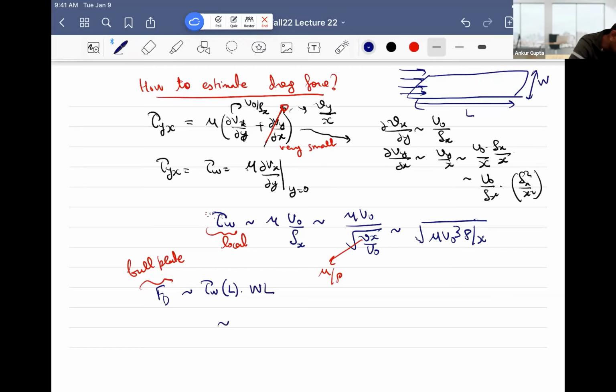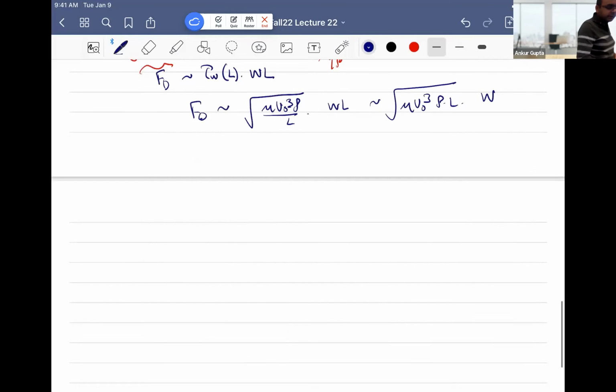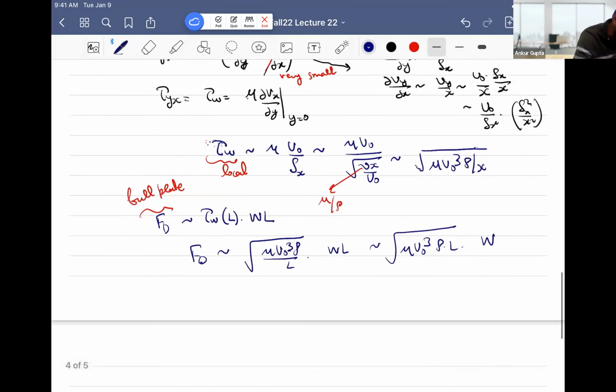So this is mu U naught cube rho by L times WL. So you get U naught cube rho L times W. This is your drag force. Okay, so this is the drag force. You can confirm this. This is the parallel area.